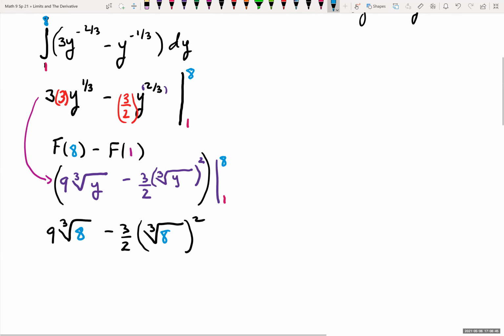And then we subtract off f of 1, but it's more than one term for our antiderivative. So we need to make sure we put parentheses or brackets around this whole expression once we plug 1 in. And so plugging in 1, we have 9 cubed root of 1 minus 3/2 cubed root of 1, and then that's squared.